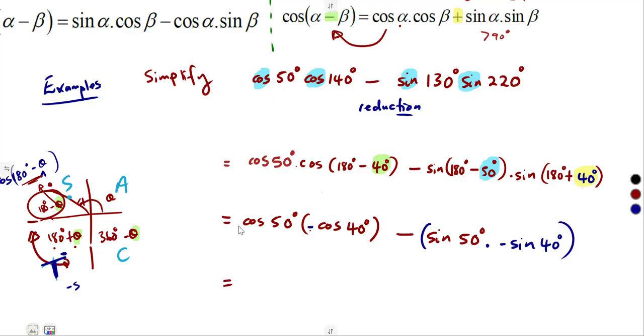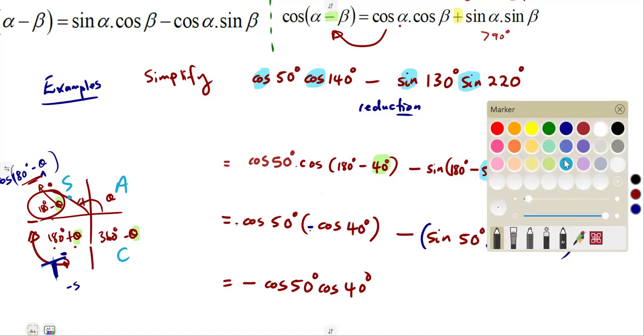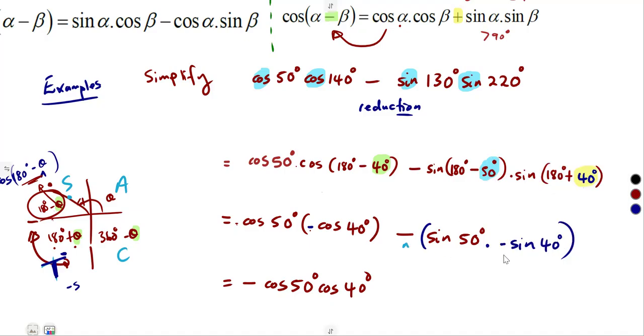Negative here times the positive is going to be negative cos 50 degrees cos 40 degrees. Remember, that's a product. Here there is a negative already from our formula, then the negative on the sine of 40 degrees. So that's negative times negative, which is going to be positive. So that's positive sine of 50, sine of 40 degrees.